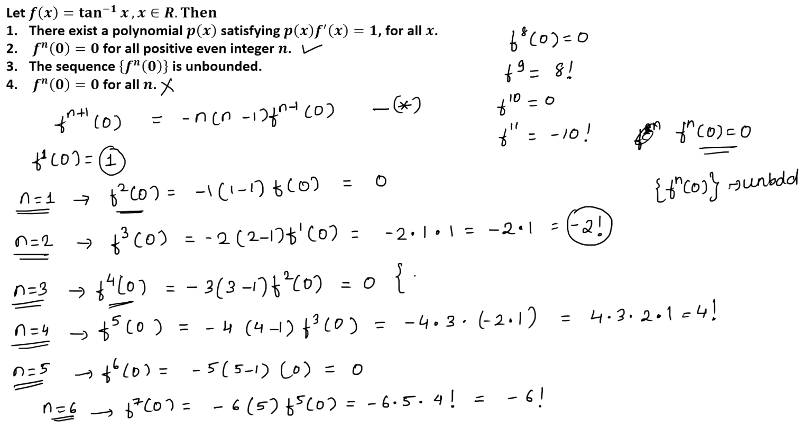So I am writing it here: 1, 0, then −2 factorial, then f_4(0) is 0, f_5(0) is 4 factorial, f_6(0) is 0, f_7(0) is −6 factorial, f_8(0) is 0, f_9(0) is 8 factorial, f_10(0) is 0, f_11(0) is −10 factorial, and so on. So clearly the sequence is unbounded, and therefore option 3 is correct.